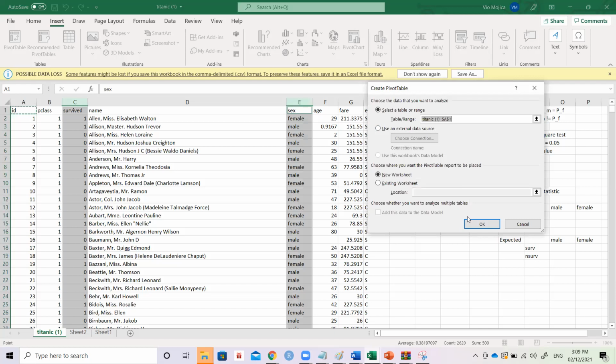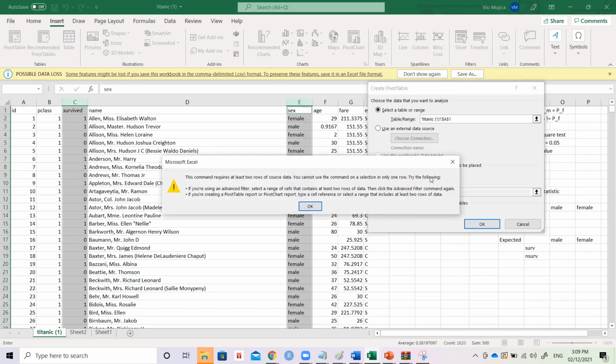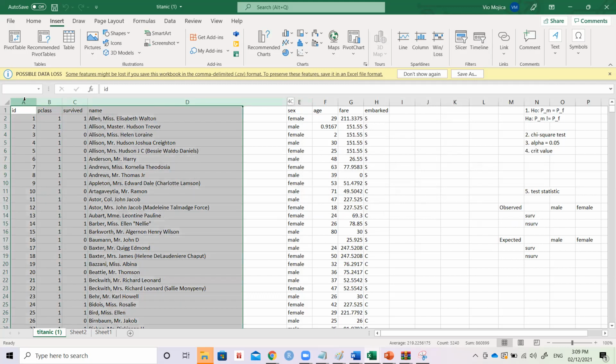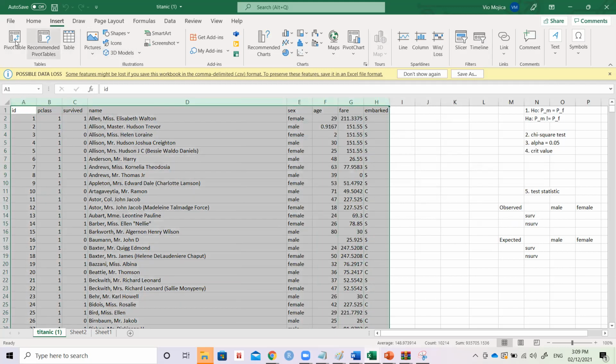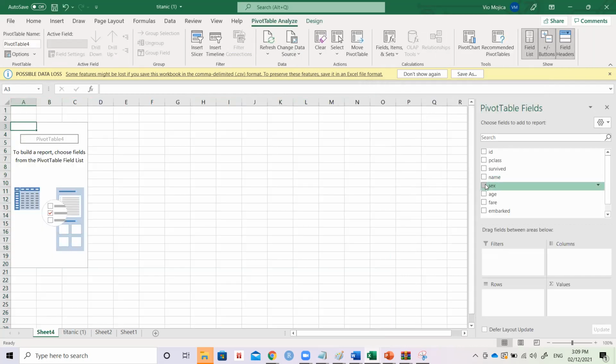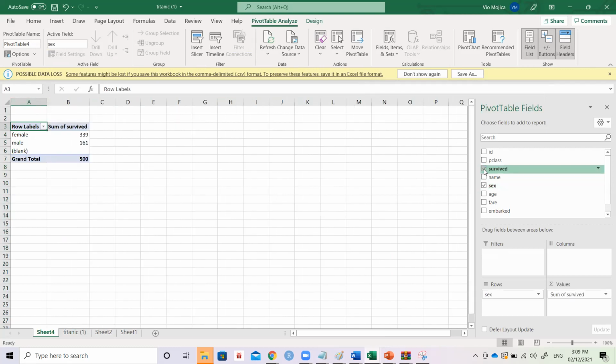This is really easy sa statistika ngayon. Everything. Insert pivot table. Yan. So, ano to? Sex and survive.